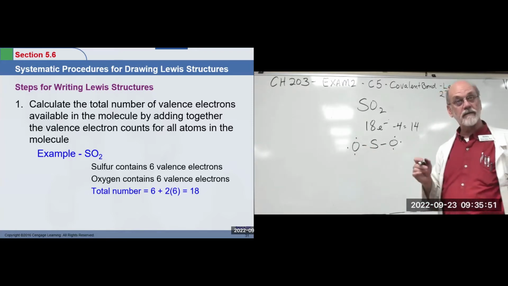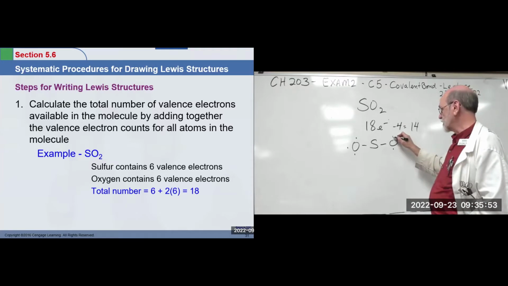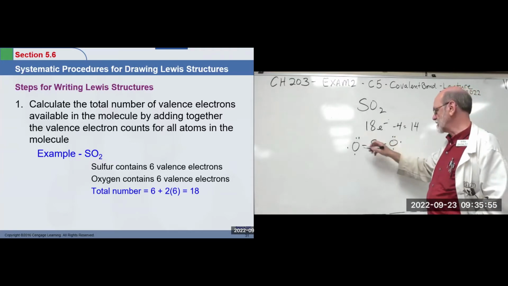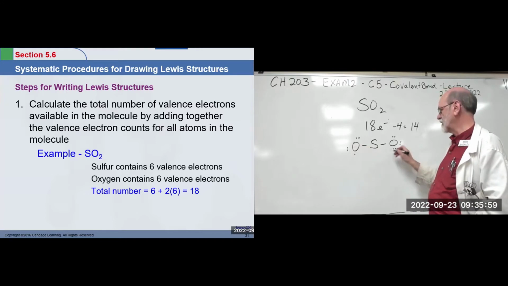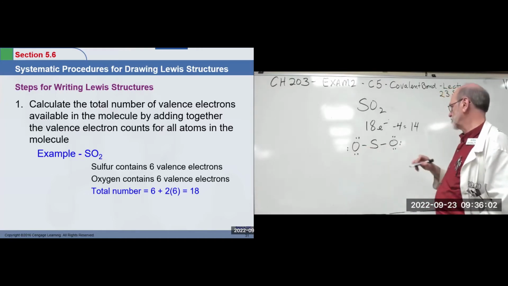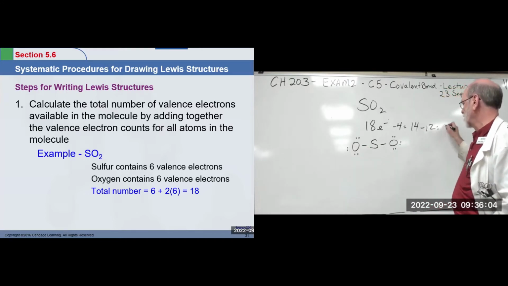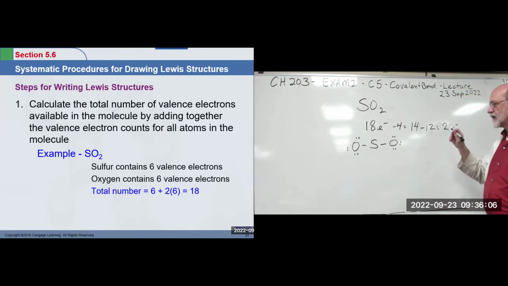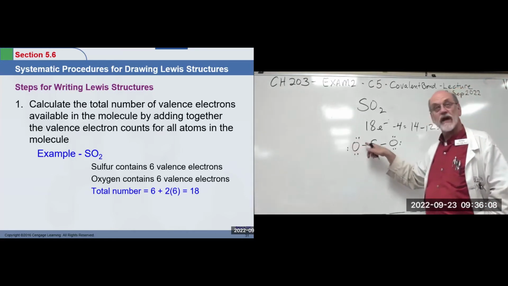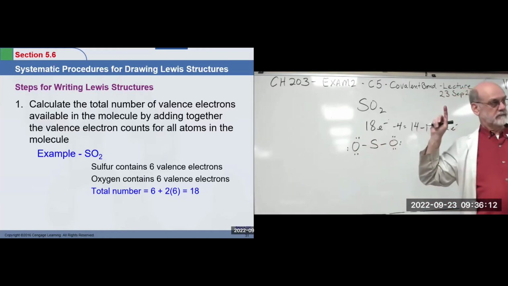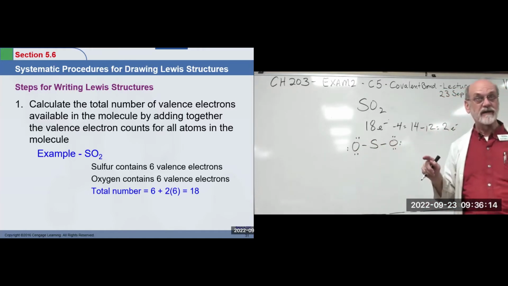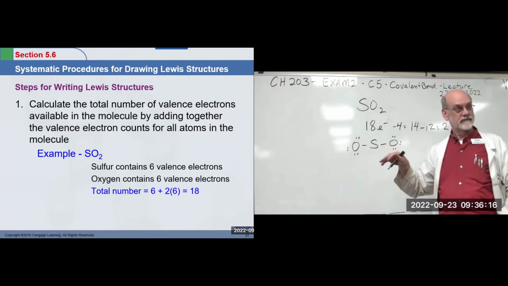We've used 6 now. 7, 8, 9, 10, 11, 12. We've got 2 electrons left over. Now oxygen has an octet, right? 2, 4, 6, 8, 2, 4, 6, 8. Sulfur does not. Sulfur's only got 4.